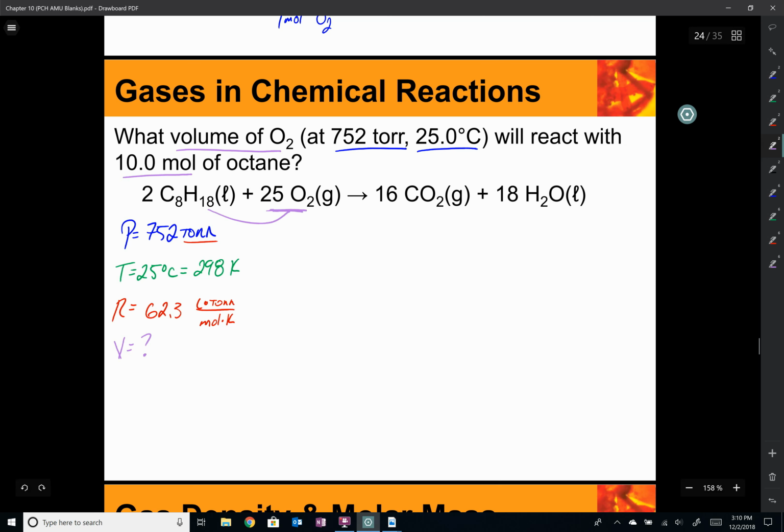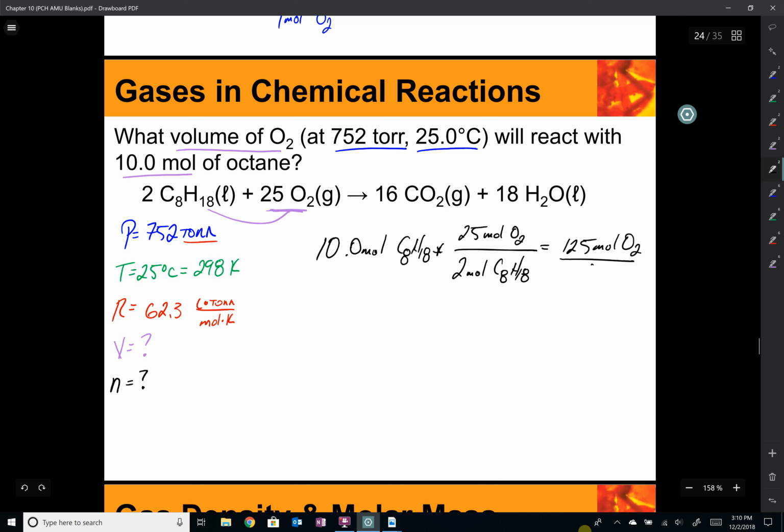So let's figure out, what color do we want to do this in? We'll do it in black. We need to figure out moles of O2. So we have 10.0 moles of octane. We convert that into moles of O2: for every 2 moles octane, 25 moles O2. 125 moles of O2 sounds great.